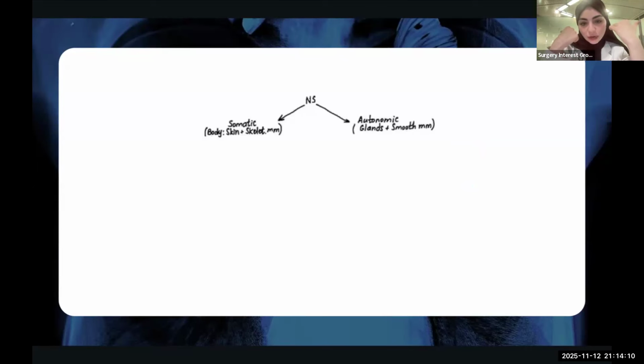What does it innervate? It's right there on the slide. Skin and skeletal muscle. So anything that I have voluntary control over or skin, it's related to the body, it's related to the word soma. This means that it's somatic innervation. Okay, autonomic, it's going to be glands, smooth muscle, organs basically. Even your heart, it's going to be autonomic innervation, okay?